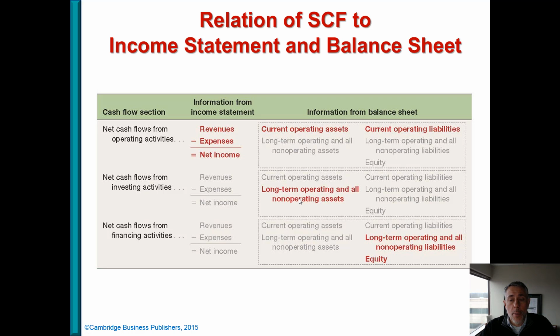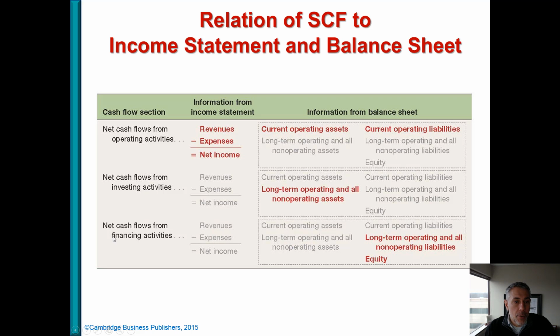When we look at the beginning of period balance sheet, we see investment in Burlington Northern, 0. When we look at the end of period balance sheet, we see investment in Burlington Northern, $40 billion. The difference between those two is $40 billion, and we can infer from that that $40 billion of cash went out the door as that long-term operating asset account increased in value.